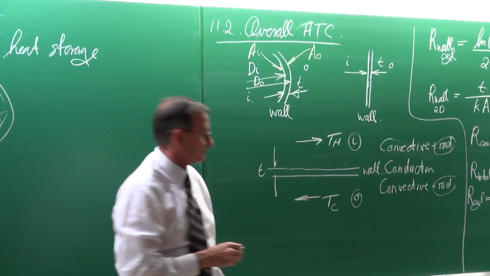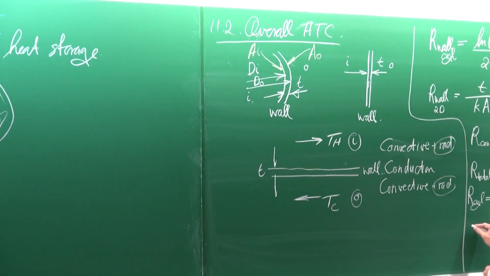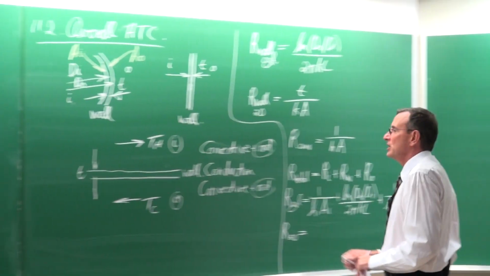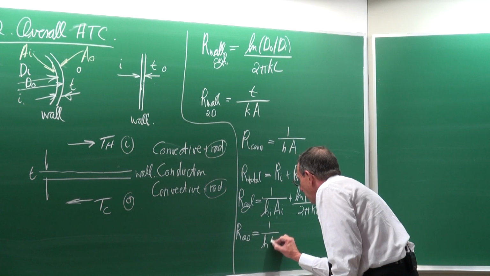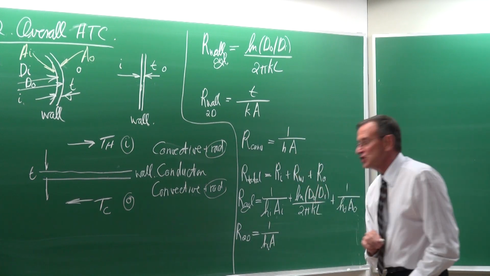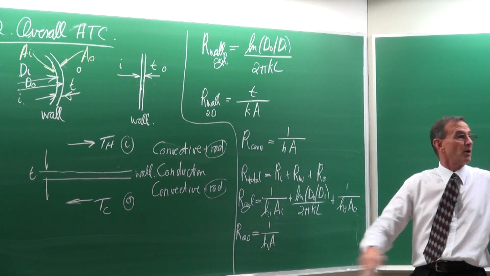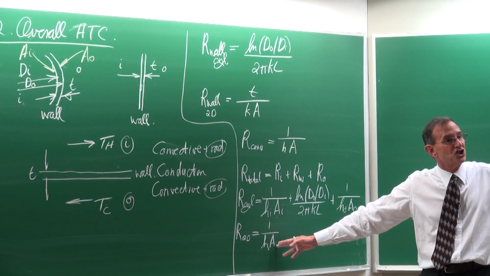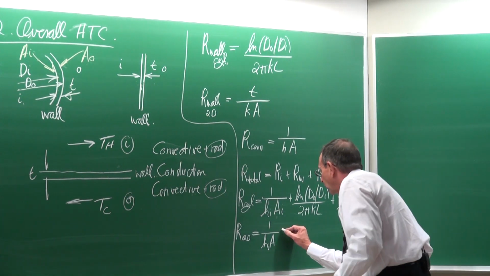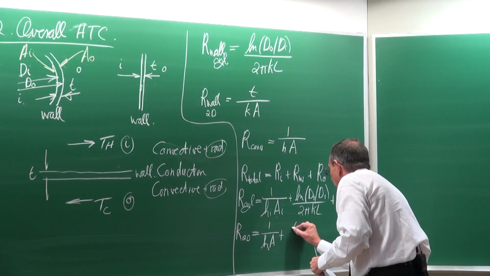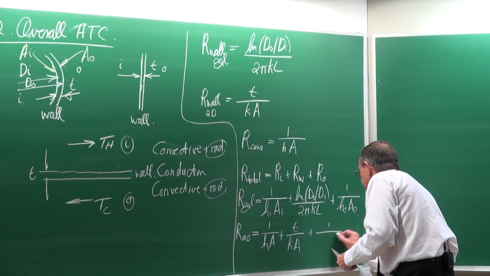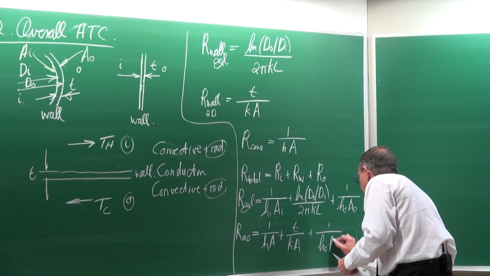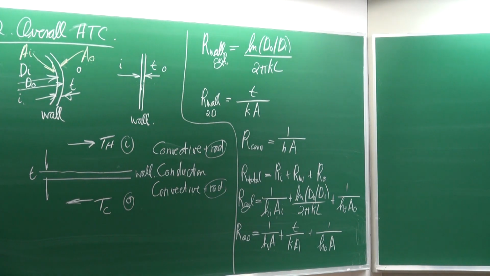You agree? Okay. Now, if it is a 2-dimensional type of geometry, like a wall, then the total resistance would be 1 divided by the heat transfer coefficient on the inside multiplied by the area, and the area is a general area because it's the same for the inside and outside, plus T divided by Ka, plus 1 divided by the heat transfer coefficient on the outside multiplied by the area.